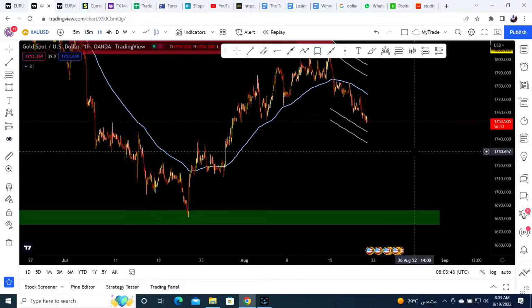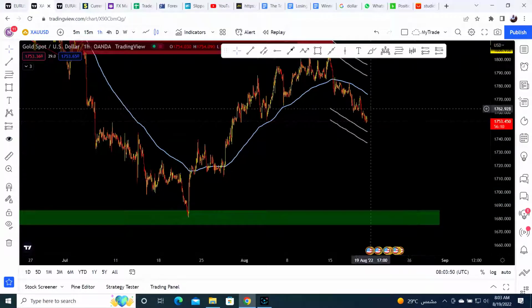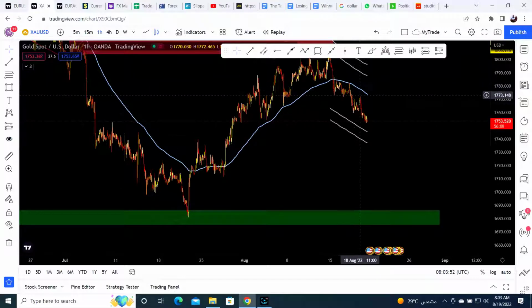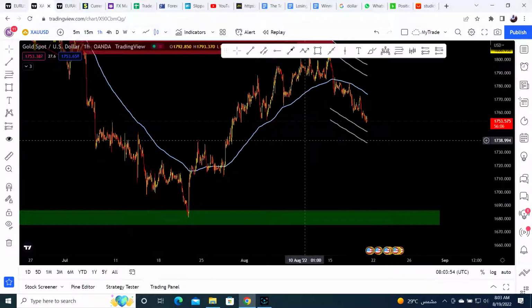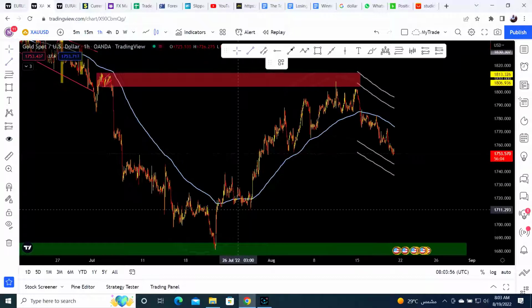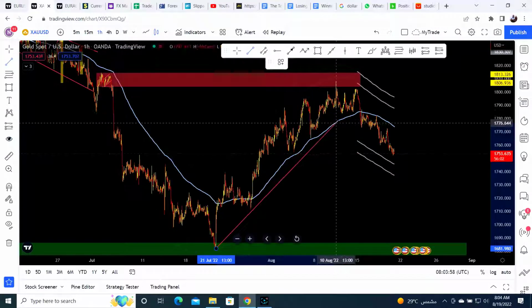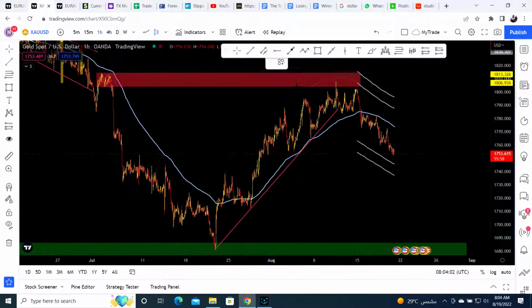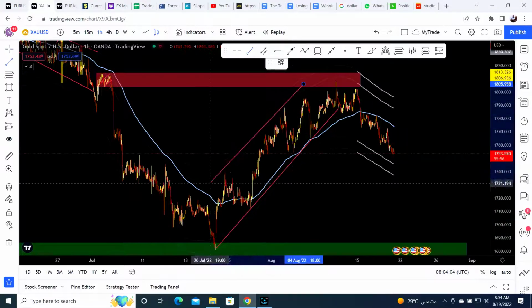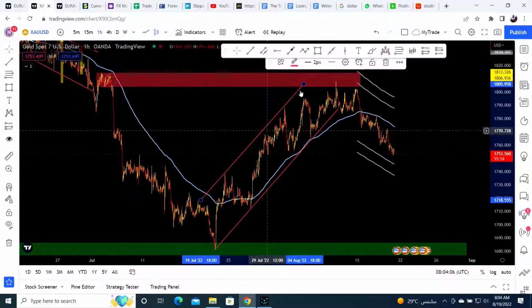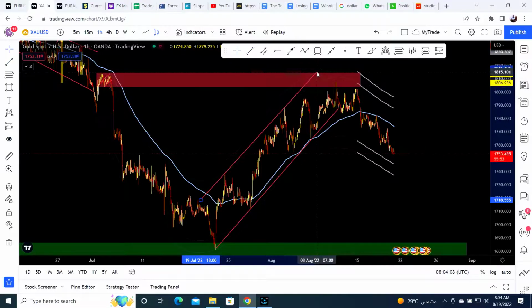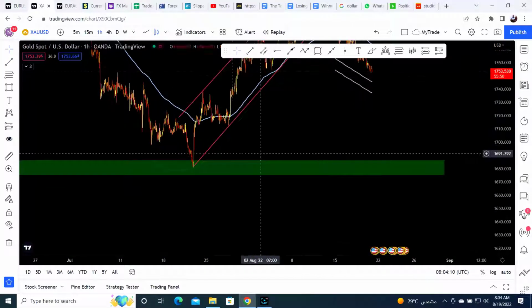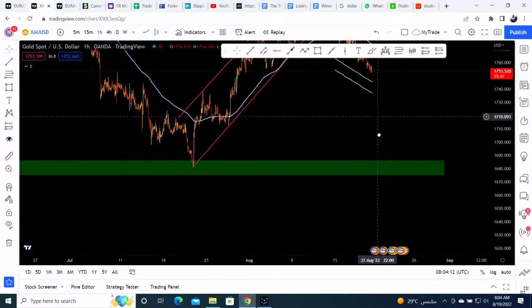So we'll look for entries till price reaches this zone. And since this was a form of retracement and it was corrective, I can have my nice ascending channel like this, and I'm expecting that price sells to the base of the channel.